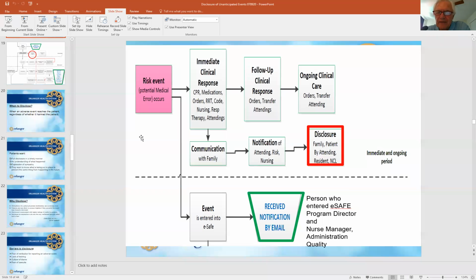That is one of the changes we've made within the last year to the system. The program director is also notified when you put something into eSafe, or if you are listed as one of the physicians in that eSafe event, the program director will be notified, as well as the nurse manager, administration, and quality. Next slide.